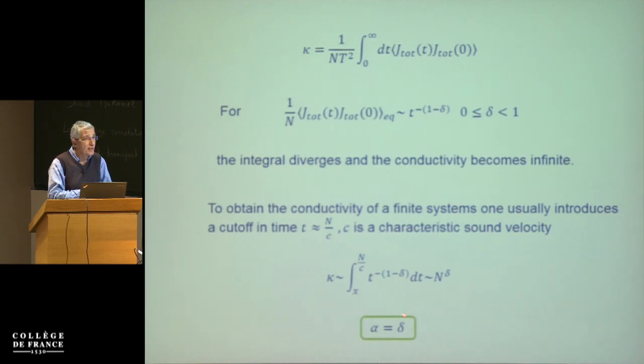So this is the alpha that has to do with the heat conductivity. The slow decrease of this correlation function is simply related to the divergence of the heat conductivity in a finite system.